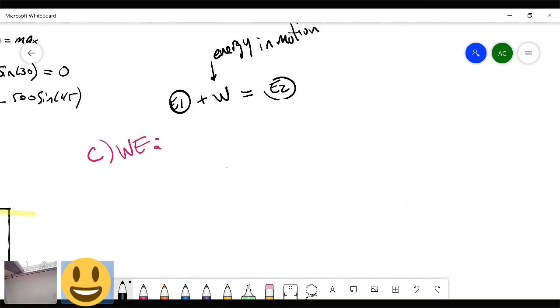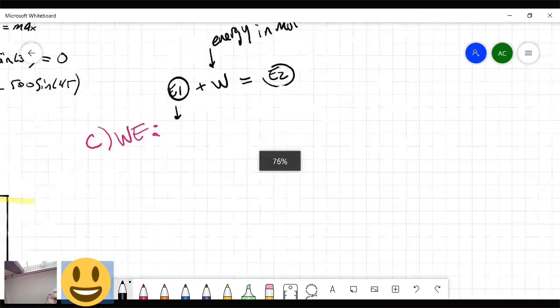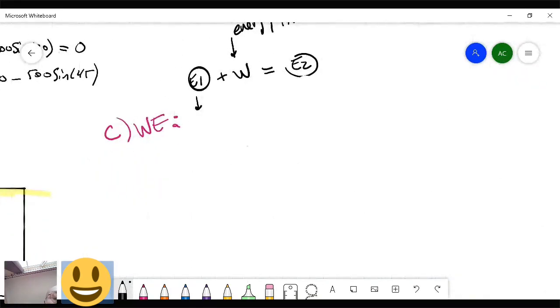So now all you got to do is know that energy 1 is made up of, God, I always forget how many pieces. I'm just going to write them out. Energy 1 is made of 3 pieces in this class. In real life, it's made of tons of pieces, but for this class, we're only going to focus on 3 pieces right now. First, it's going to be the kinetic energy.